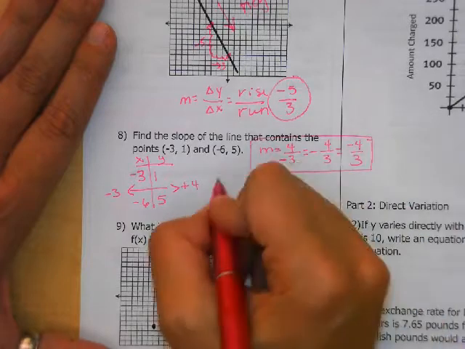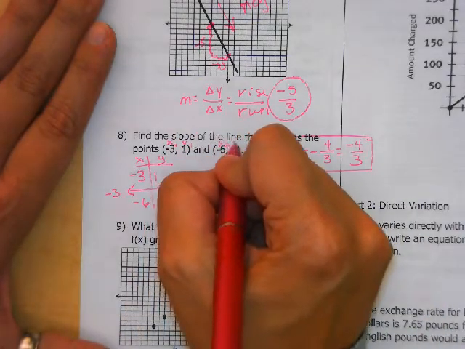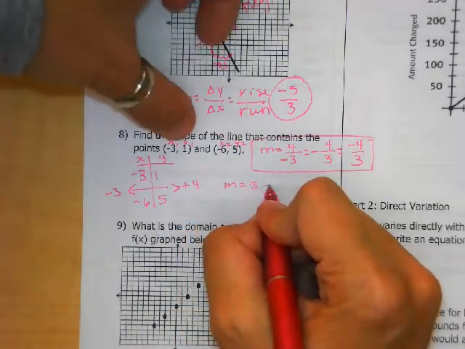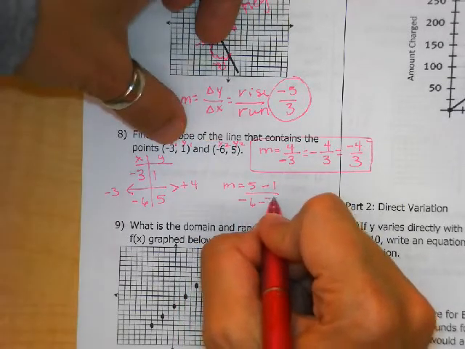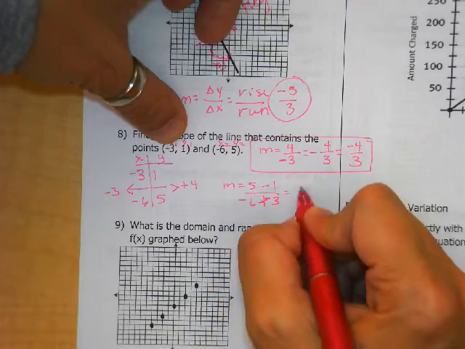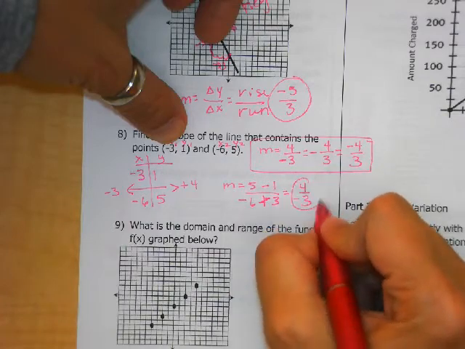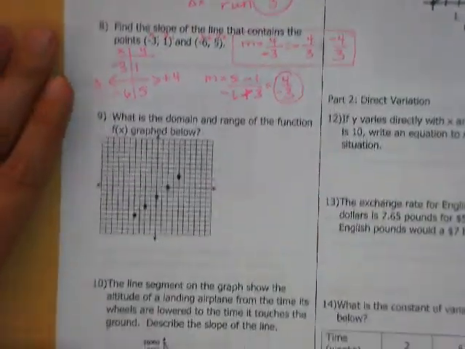If you wanted to use your formula, x1, y1, x2, y2, we would say y2 minus y1 over x2 minus x1, and x1 is a negative, so you end up with a double negative here. 5 minus 1 is 4, negative 6 plus 3 is a negative 3. So either way, you're going to get that answer. So choose which way works best for you.